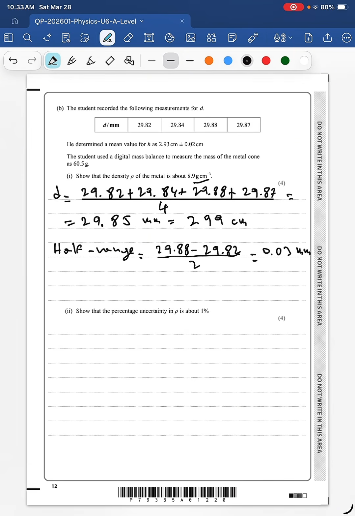Part 2, show that the percentage uncertainty in rho is about 1%. Okay, so this is a little bit more complicated, but not too complicated. So rho is m over v. I have a video about uncertainties, by the way, you should watch. So when we divide physical quantities, we add their percentage uncertainties. So the percentage uncertainty in rho is equal to the percentage uncertainty in m plus the percentage uncertainty in v.